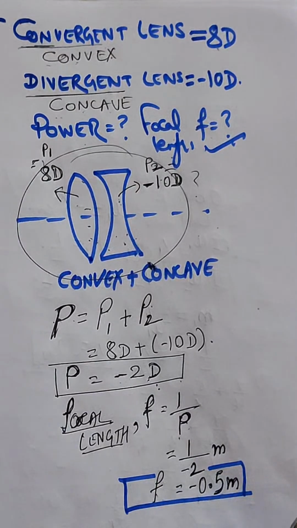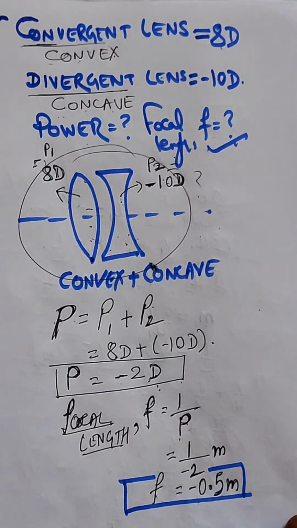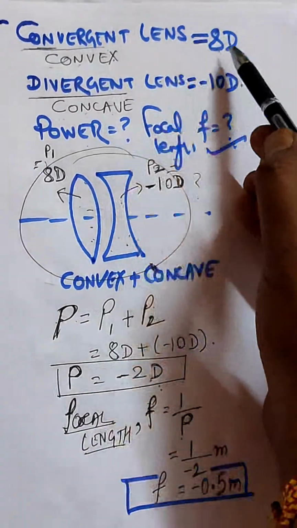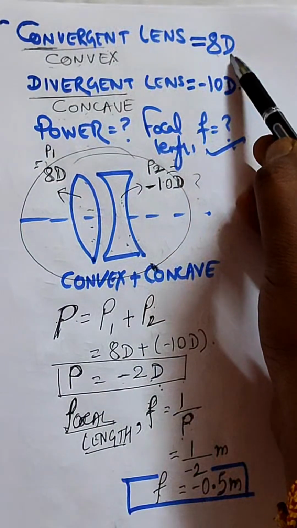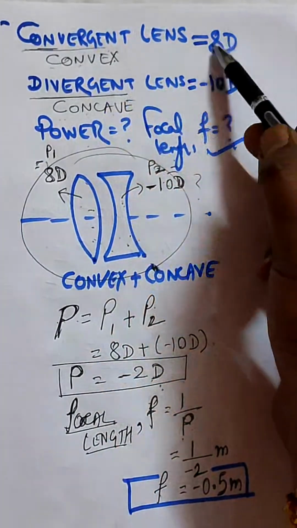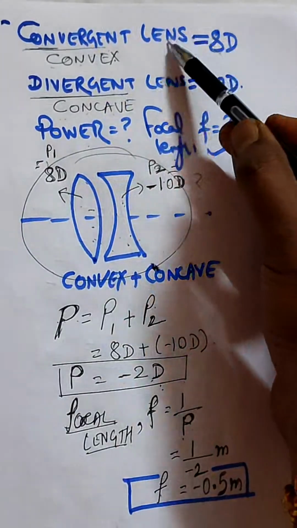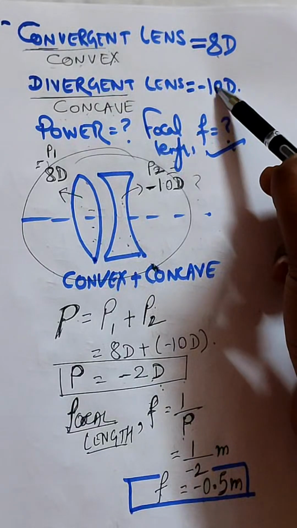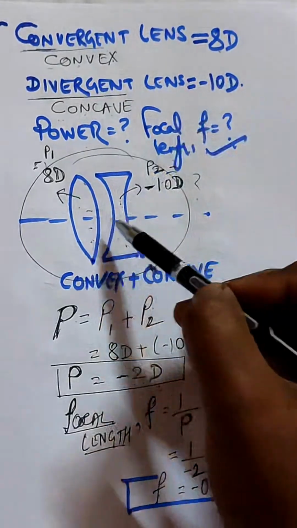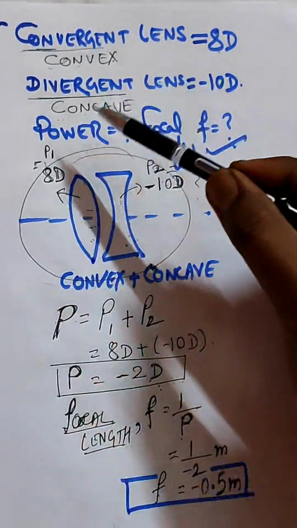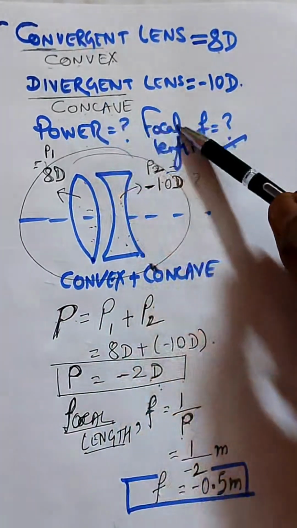So what was the question? A convergent lens of power 8D and a divergent lens of power minus 10D, both of these lenses are put together like this, and for this combination we need to calculate the power and focal length.